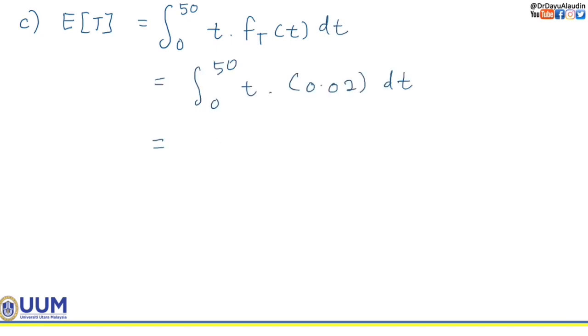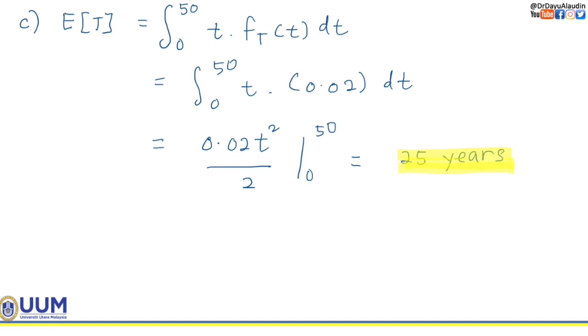Then we integrate and we get T squared over 2 from 0 to 50, and we get 25 years. So this is the expected future lifetime.